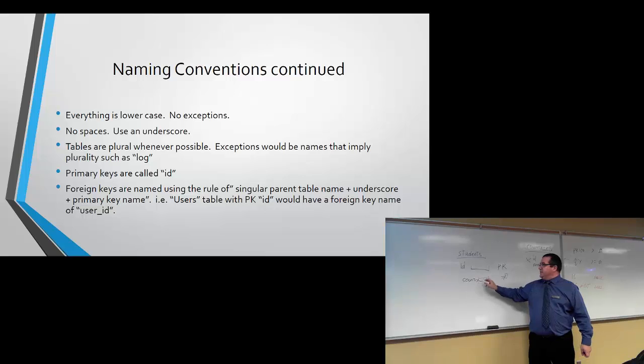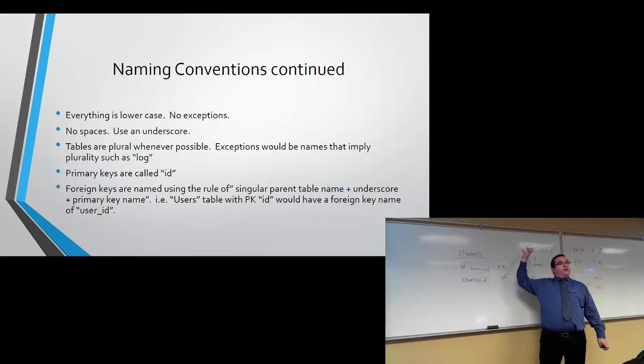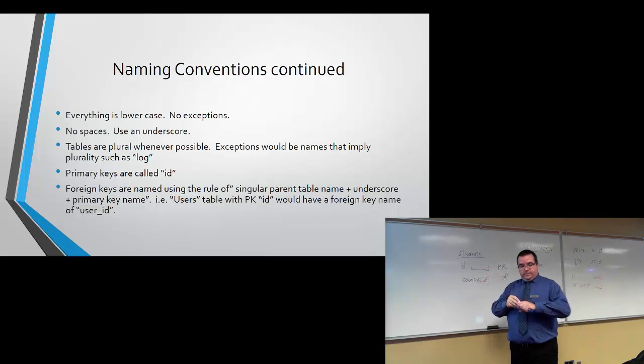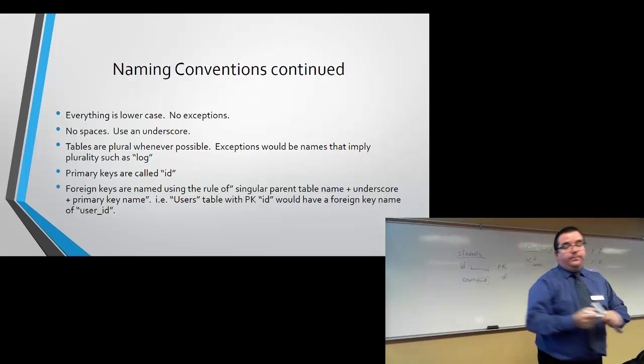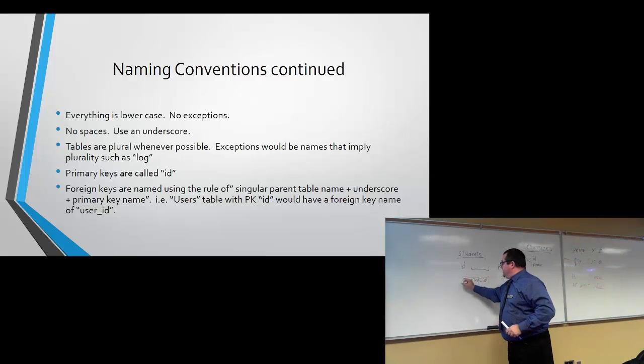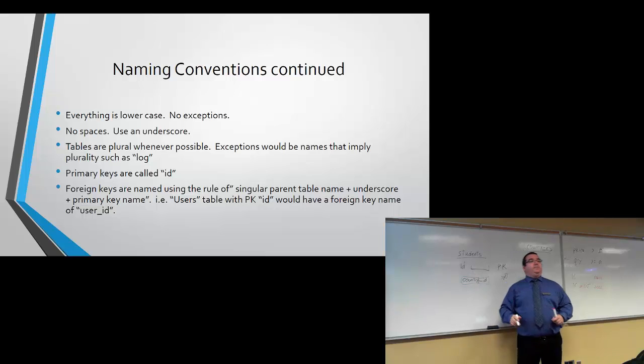This identifies that this field gets its value from another table. This side is the singular table name. So if you read country underscore ID, I go, oh, this is a foreign key. Country, what's the plural of country? Countries. It gets its values from countries.